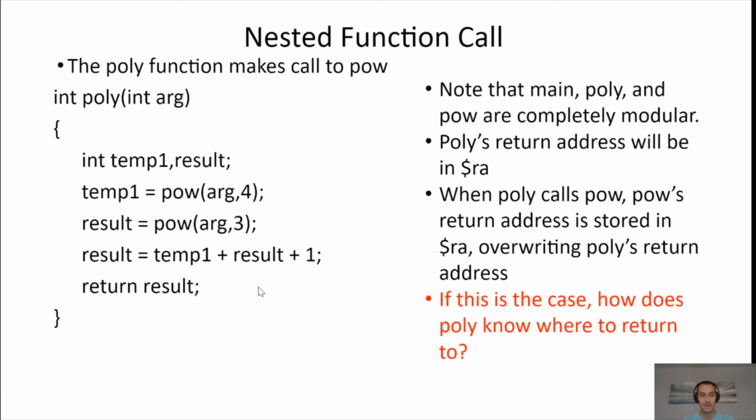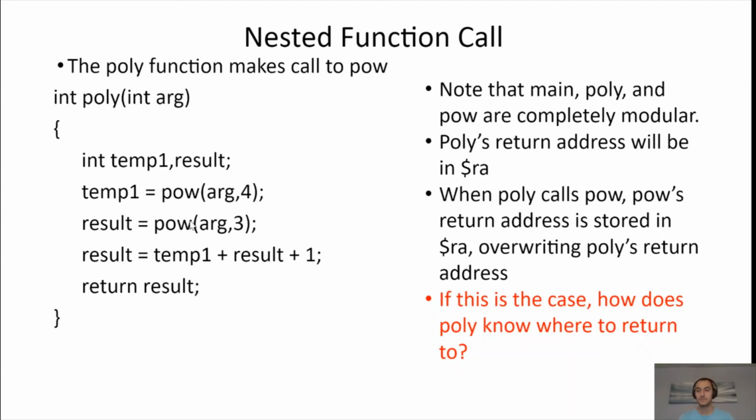Let's look at poly itself, and how it is implemented. Here you see that we have the POW function. So now this poly function is not a leaf anymore, because poly is calling the POW function.